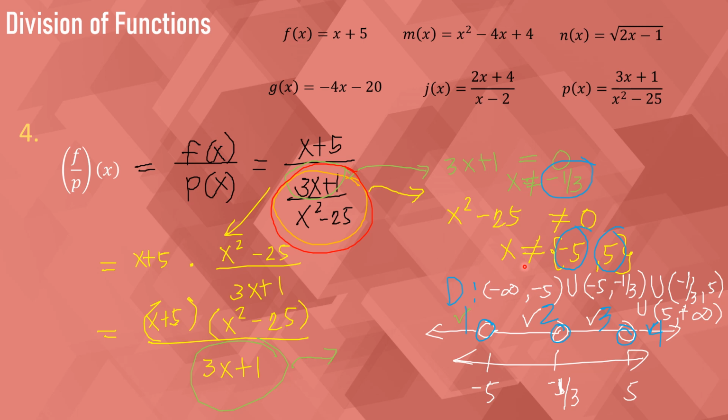Okay? So, pag ginamit mo ang negative 1/3, negative 5, 5, it will be undefined. Remember, you will always go back to the form f of x over p of x. Dito ka laging babalik at kung ano yung values na yun ay dapat iwasan kasi originally naging undefined siya.